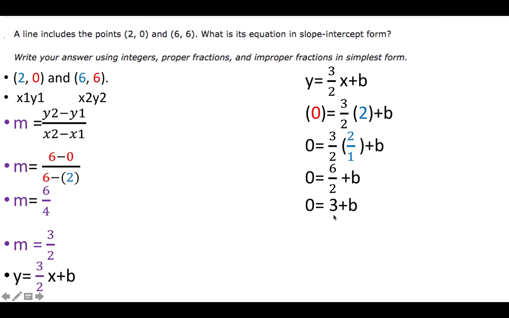So what I'm going to do to solve for b is, because this is a positive 3, what I gotta do to both sides is subtract by 3. 3 minus 3 is going to cancel out to 0, and then I'll have b is equal to negative 3 on this side. Awesome. So now I have my slope as 3 over 2, and I have my b as negative 3. Because I have my initial information to plug into y equals mx plus b, let's go ahead and substitute, and we are finished with our line formula.